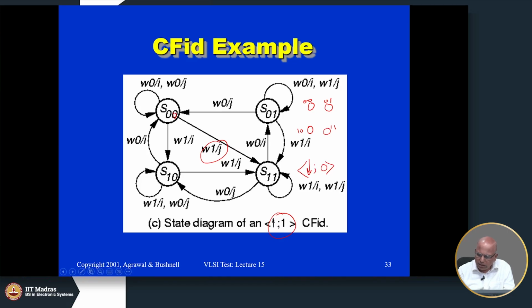This means when j goes from 1 to 0, that will happen here. See, if I write W0 here, j is changing from 1 to 0, and as a result I goes to 0. So, it is going to behave like this.